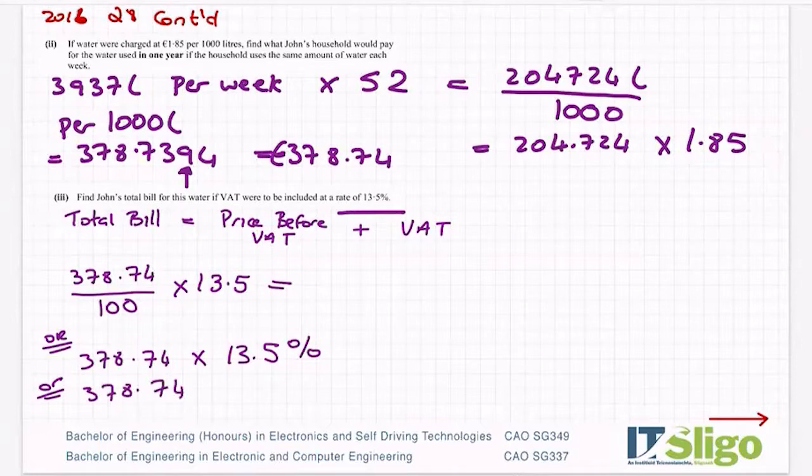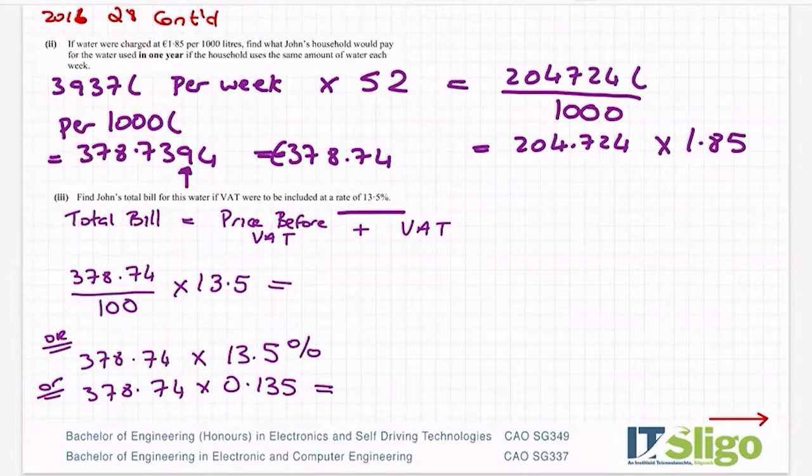Or of course, you can go 378.74 and change this to a decimal, and that's moving the decimal point back 2 places. So multiply by 0.135. Any of them will get you 13.5%, and it doesn't matter which way you do it. You do it whichever way makes most sense in your head, and whichever way you think, you know what, I won't make a mistake with it.